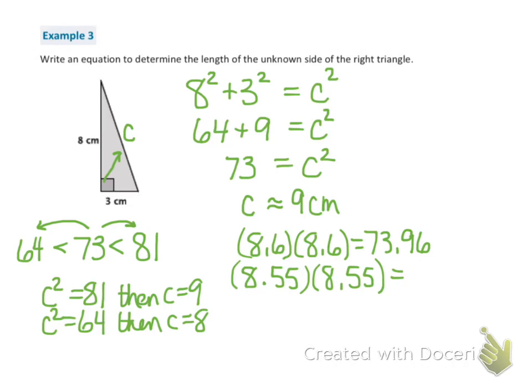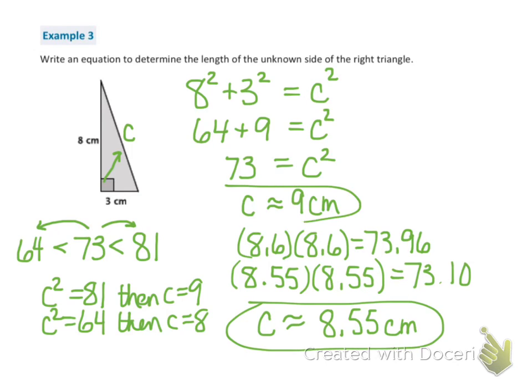And when I do that, I get 73.10. Okay, so that's getting really close. So if I took it this far, it's okay if you just go to the integer, that's fine, but a closer estimate would be 8.55 centimeters. Either of those would be good answers for that.